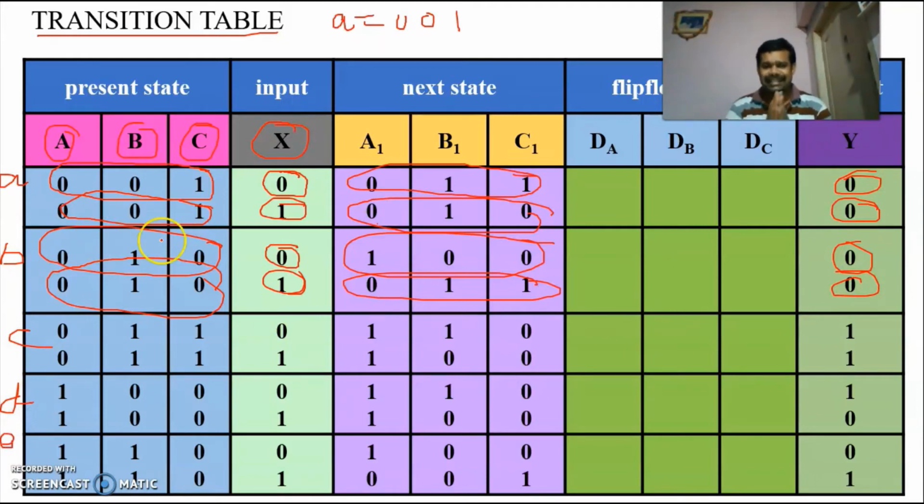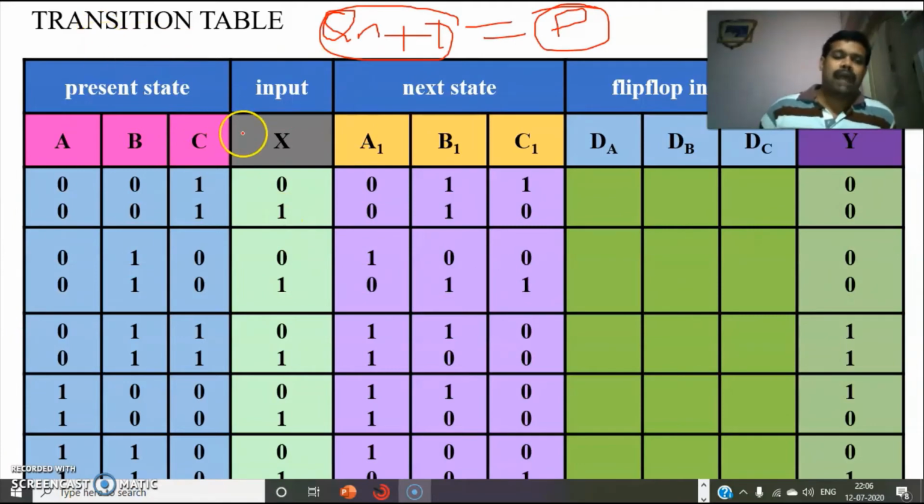transition table. Transition table is nothing but just converting your state table by assigning binary values to the states, and just modifying the state table. That is nothing but transition table. After converting the state table into a transition table, we have to find the number of flip-flops needed to implement this circuit.